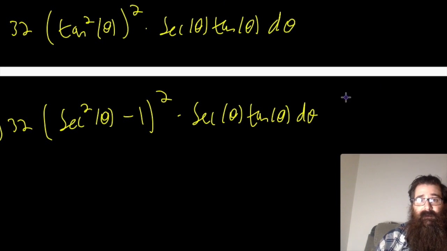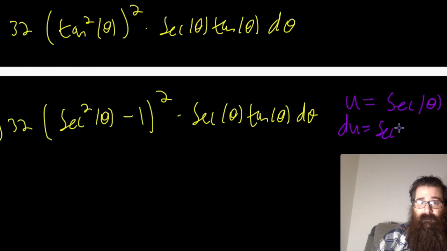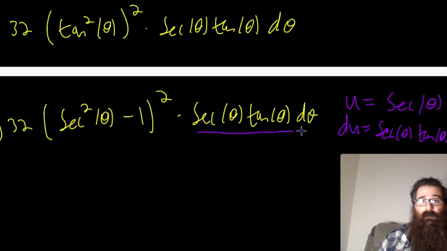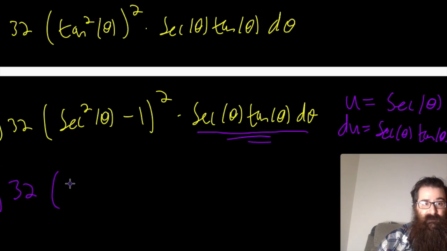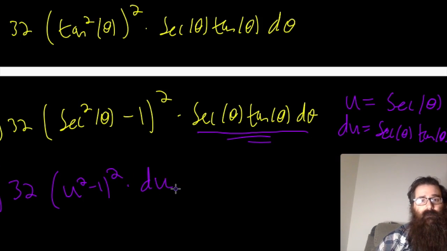I can say, let u be equal to secant theta, where du is secant theta, tangent theta, d theta. And that all gets taken care of in the substitution. And this gives me the integral of 32 times, in parentheses, u squared minus 1 squared times du. So I'm really focusing on this as a trig integral now.